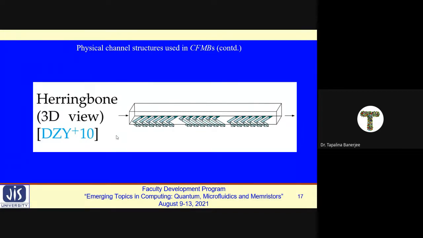The effect of split and recombination using pattern grooves such as here we can see the herringbone structure. So serpentine mixers, microchannels with pattern grooves, herringbone, staggered herringbone mixers, in short SHM, belong to this type of split and recombination characteristics-wise architecture or physical channel structure.